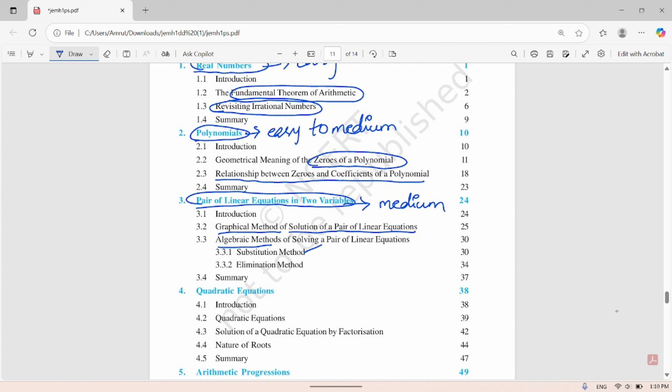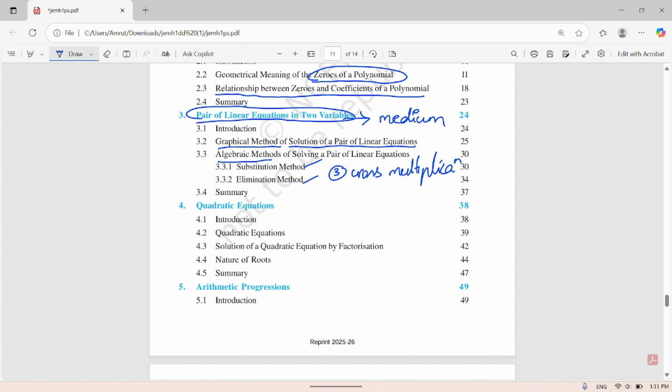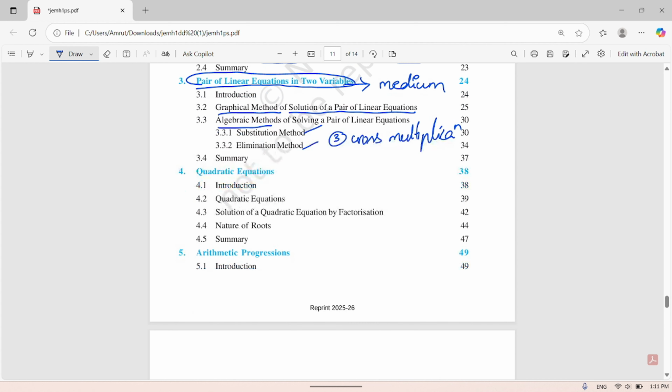One is substitution, one is elimination, and the third one is cross multiplication. And you'll be having some word problems or application based questions on these, which make this concept a little bit of medium difficulty.